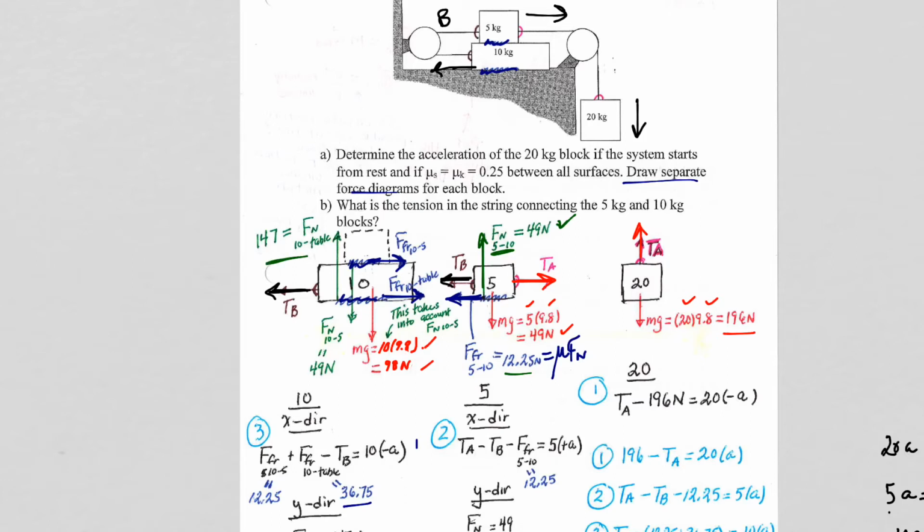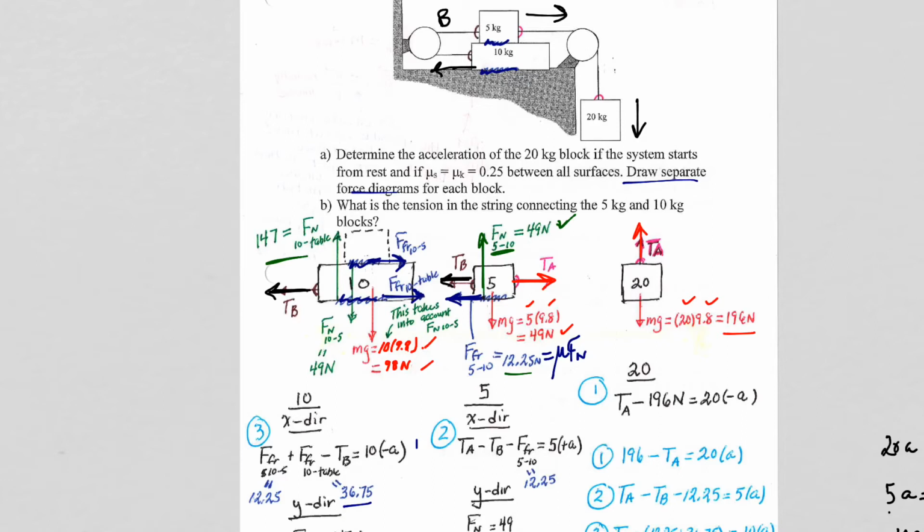And that is because we still have block 5 sitting on top of block 10. So block 5 hasn't disappeared. I put a little dash here just to remind myself it hasn't disappeared. It's still there, but I'm focusing on only the forces acting on block 10, so I don't actually draw it in. But we still know Newton's third law, action-reaction pairs.